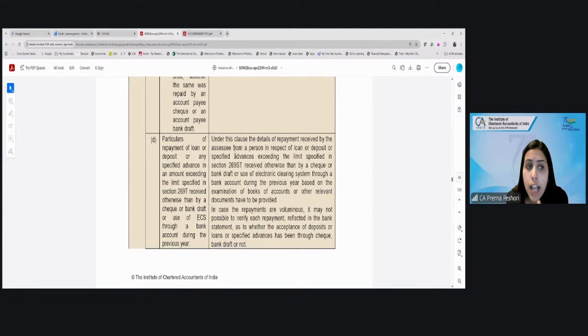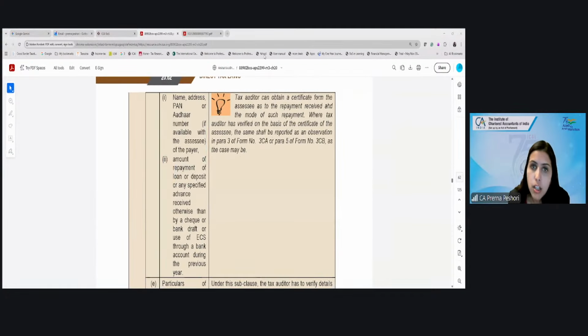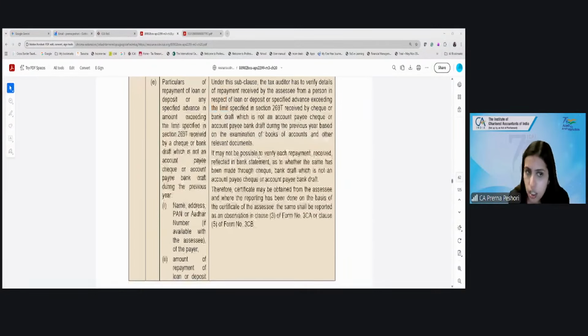Otherwise than by a check or bank draft, not the account payee. Just the cash payments basically. In E, you have to mention any payments made through the cross check like that. So are we getting? C is the repayment made, D is the repayment received in cash, E is the repayment received through the cross check.